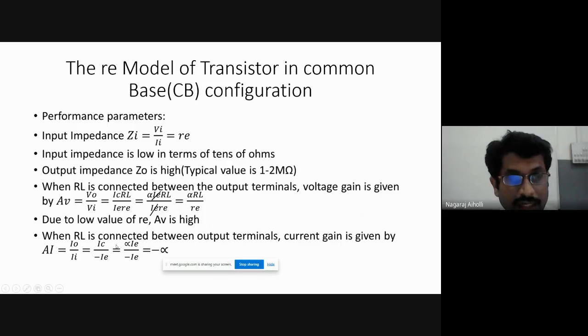Therefore, minus IC by IE is minus alpha IE by IE. IE and IE cancel, again it will be minus alpha only. Therefore, the current gain equation for the PNP transistor we are studying here is also the same as that of the NPN transistor. The basic equations remain the same, and the final equations of both NPN and PNP transistors in the RE model remain the same.